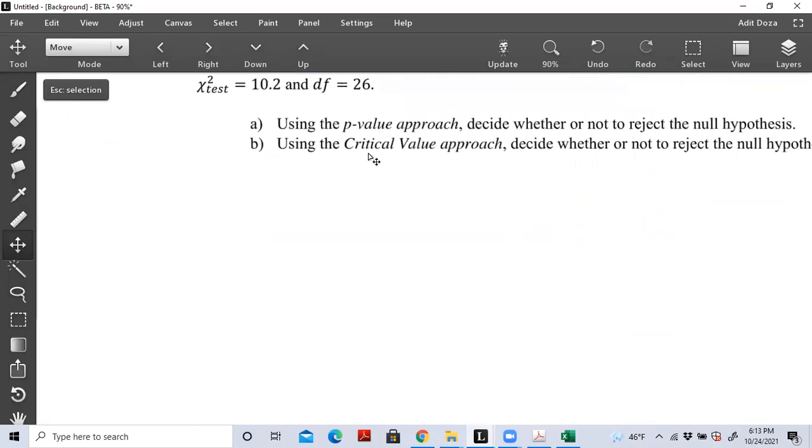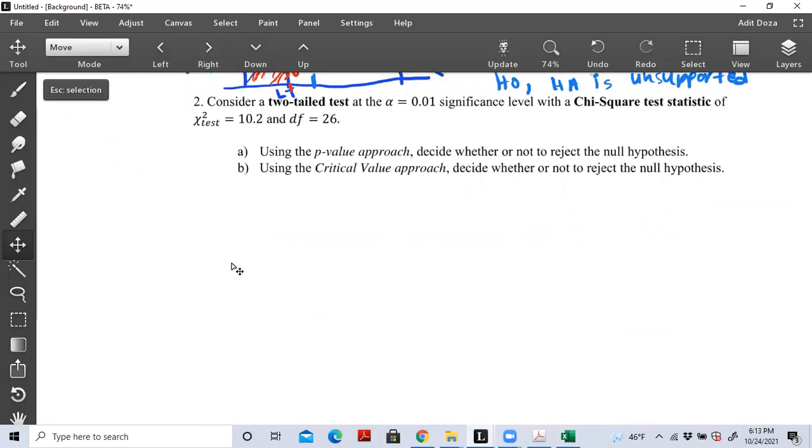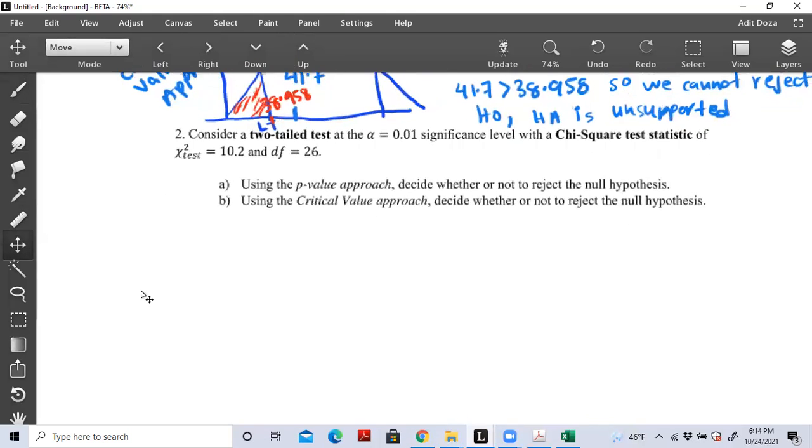Something wrong. Why can't I take it down? Okay, anyway. Yeah, now I can scroll it down.